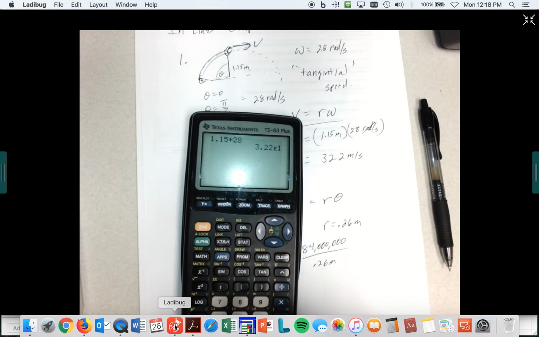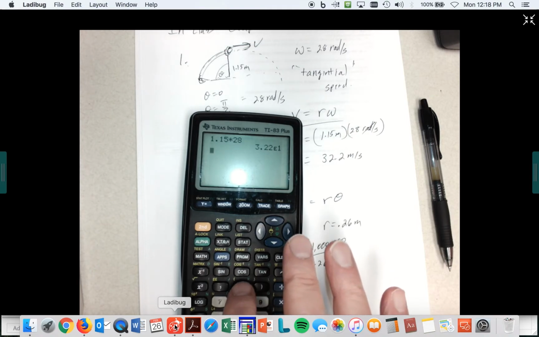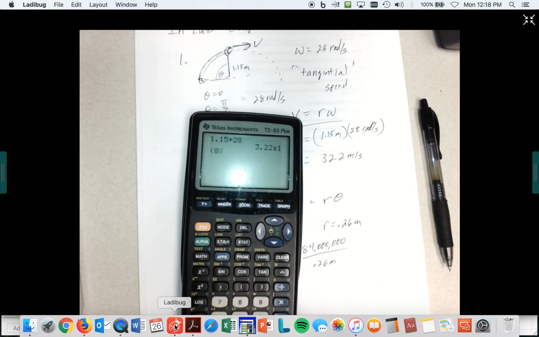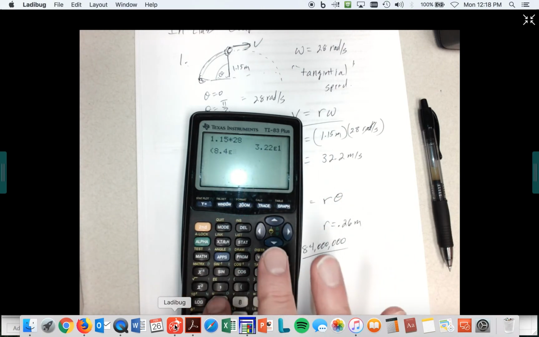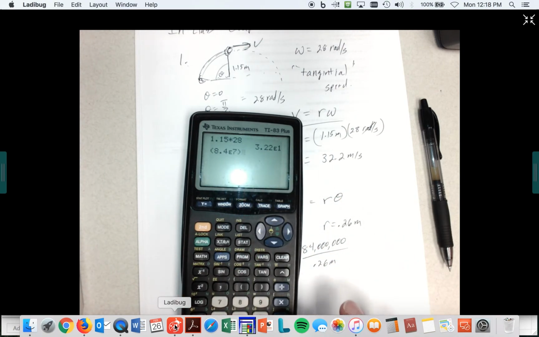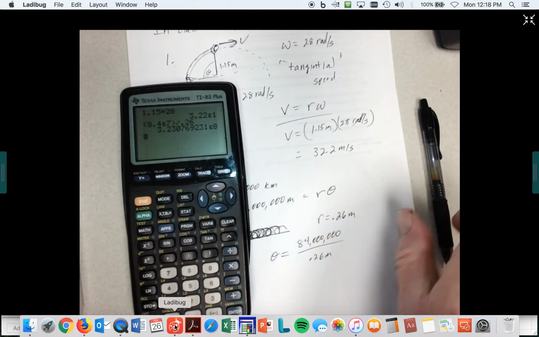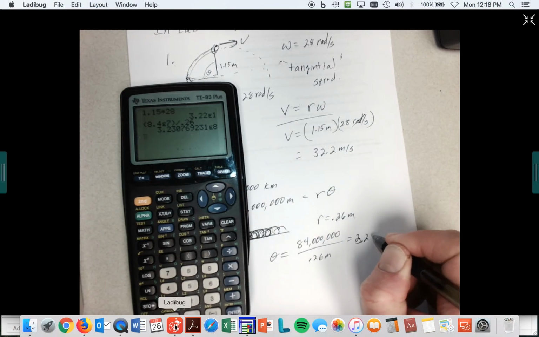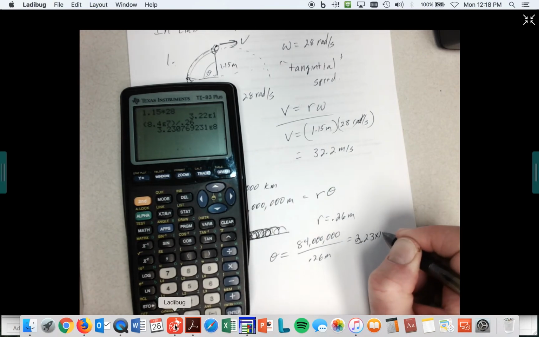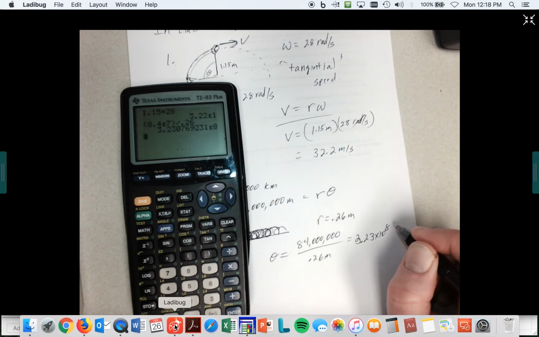I got 8.4 e to the 7th power divided by 0.26. I wind up with 3.23 times 10 to the 8th radians.